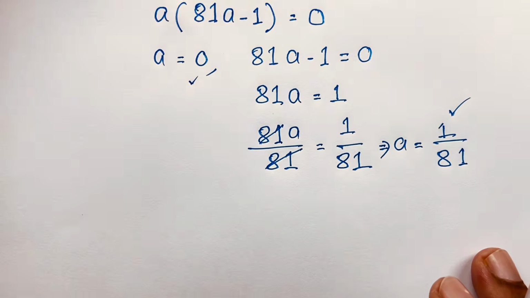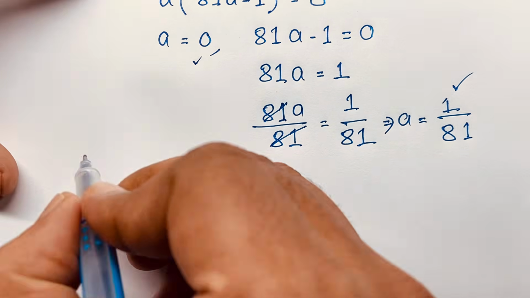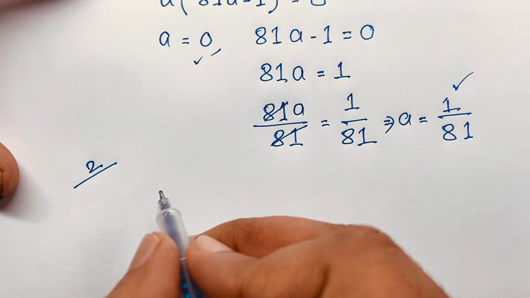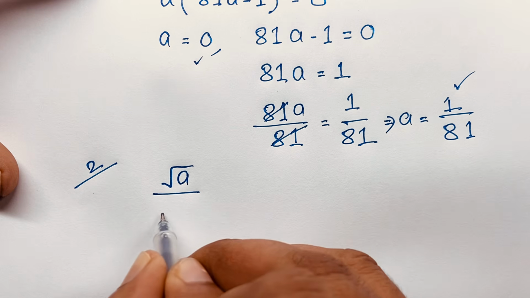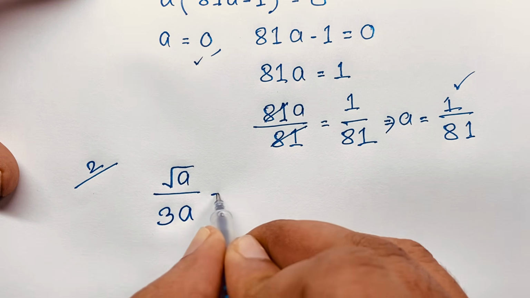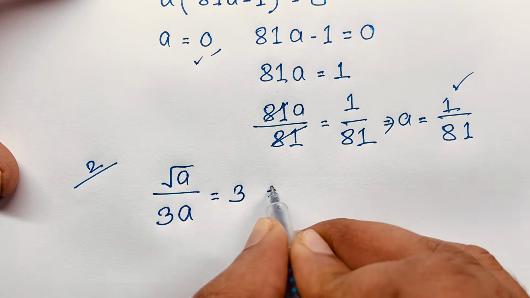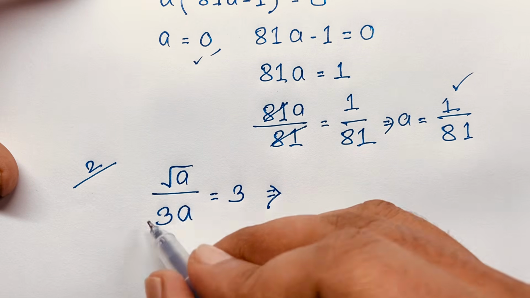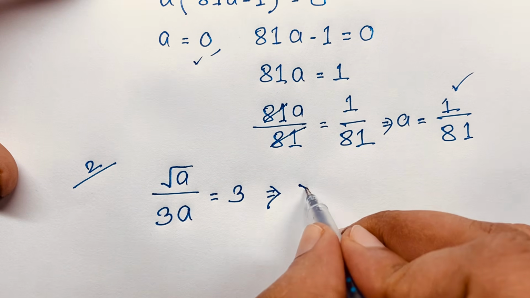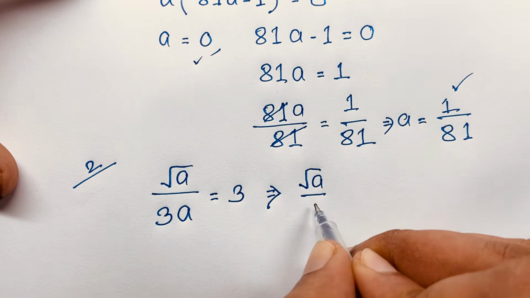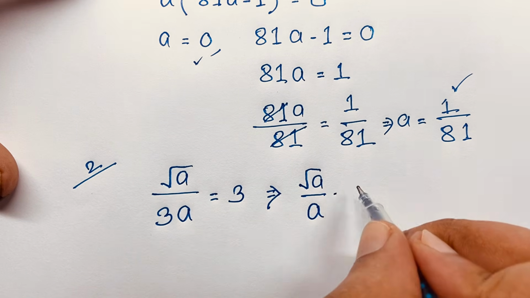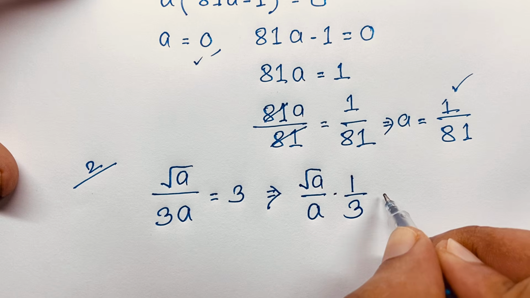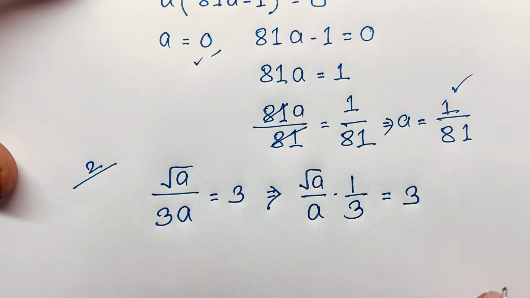Now I solve this question by the other method. Our question is square root a over 3a is equal to 3. Now at this moment you can say this expression will be square root a over a, and I take this 3 here, so it will be 1 over 3 is equal to 3.